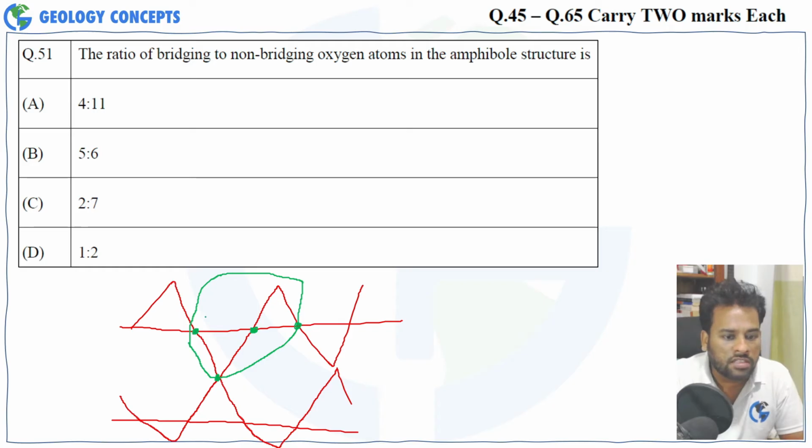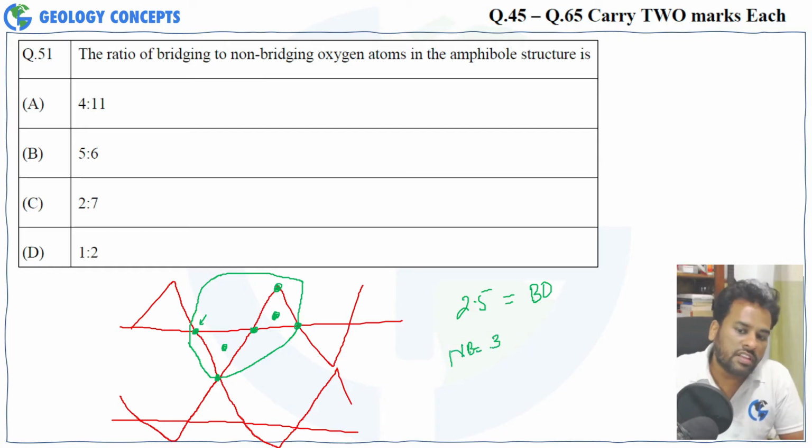Some are half inside, so this is half, this is half, so this is 1.5 and this, so 2.5 is the number of bridging oxygens. And if you look at the non-bridging oxygens, this is non-bridging, this is non-bridging, and this is non-bridging. So 1, 2, 3. Non-bridging is 3. Now you have to take the ratio. Bridging to non-bridging is 2.5 divided by 3. If you solve it, it is 5 to 6. So B will be the correct option.